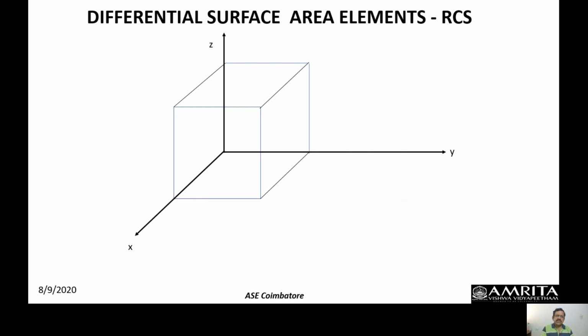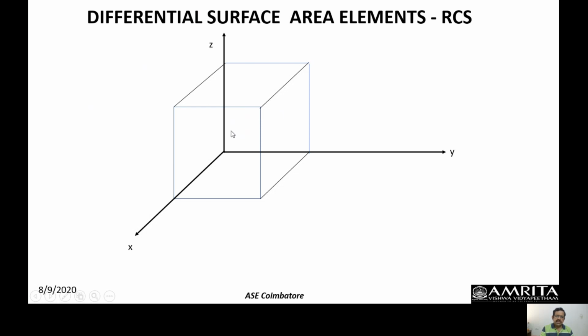So here I show a cube superimposed on an XYZ coordinate system, and let us say there is a positive charge placed inside this cube. The field lines flow all around and emerge out of this cube because it is a positive test charge.